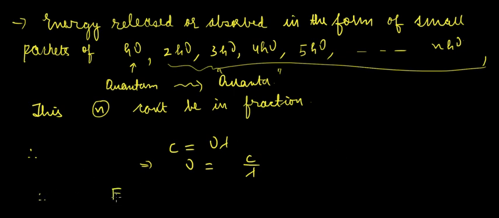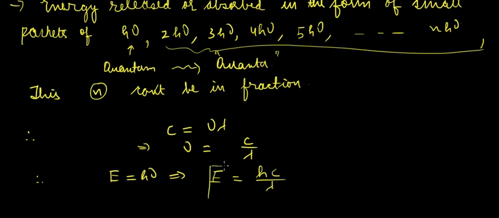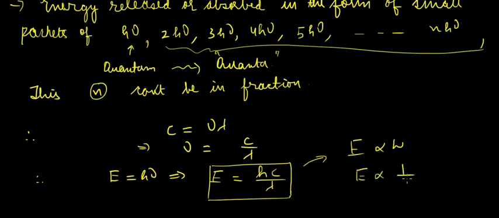Putting this value in E equals h nu, we get E equals hc by lambda. From here we can derive that energy is directly proportional to Planck's constant, and energy is inversely proportional to lambda, or the wavelength.